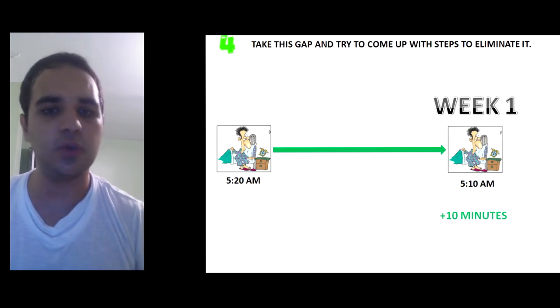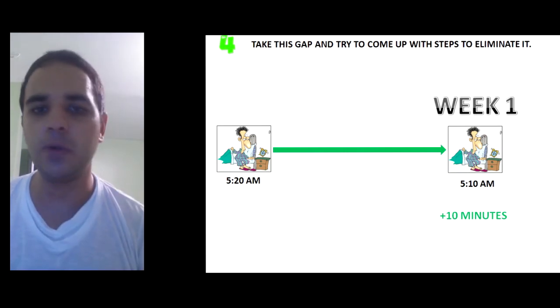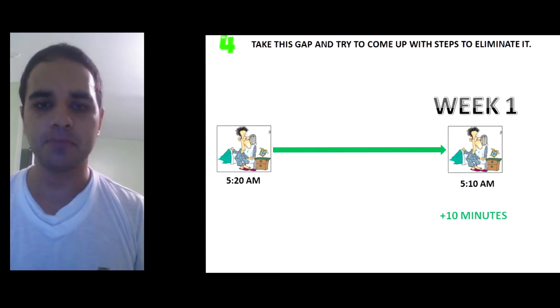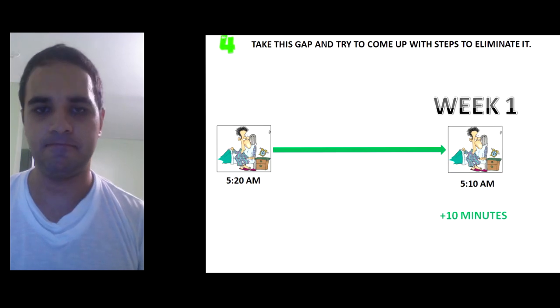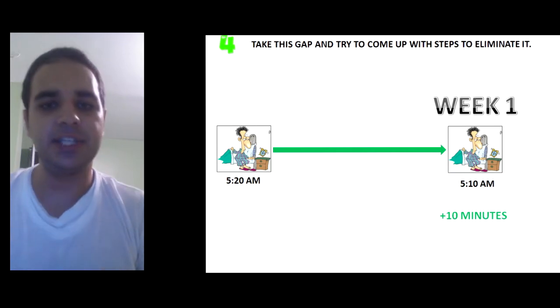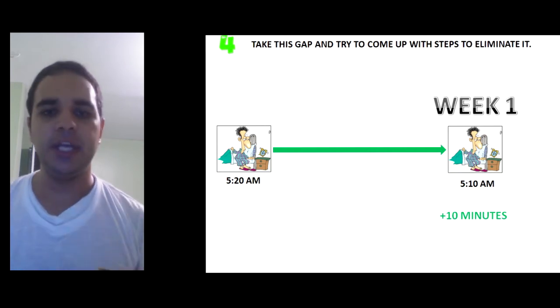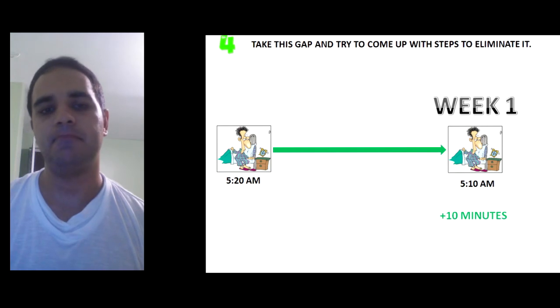This possibility is totally feasible. It's not going to cause you any trouble, any problem. And then you decide that you're going to wake up 10 minutes earlier every day. And then you start implementing this change. So in the first week, you start waking up 10 minutes earlier every day.